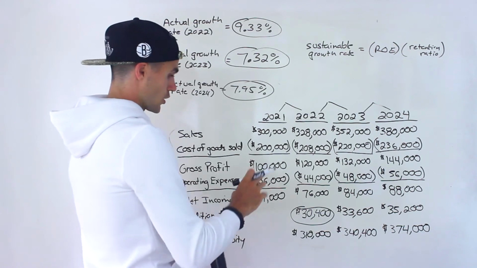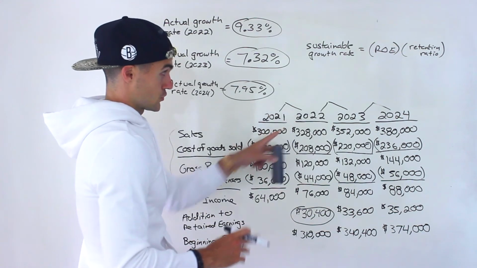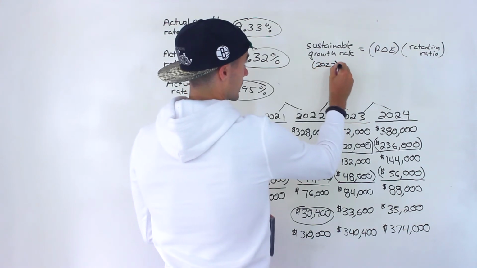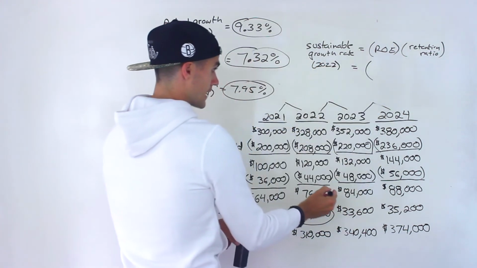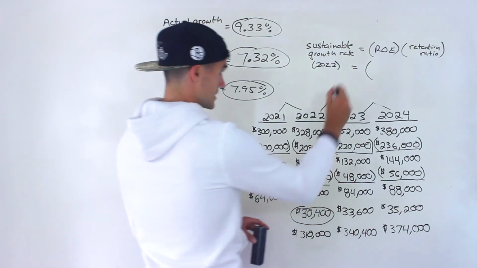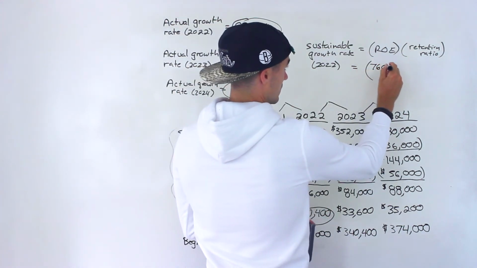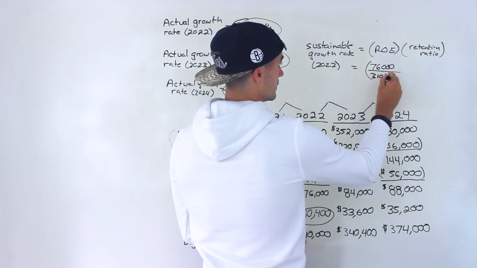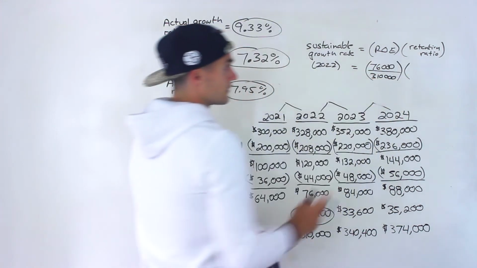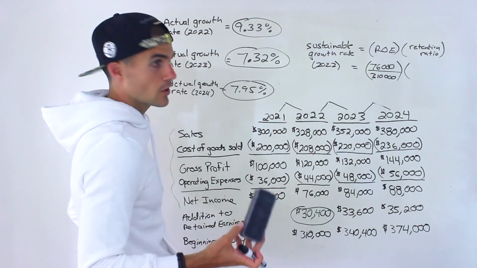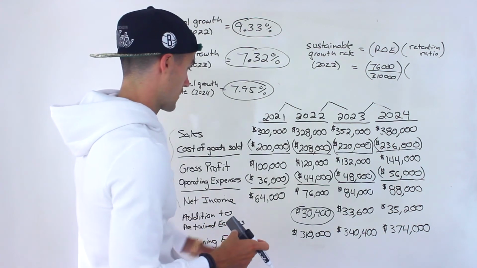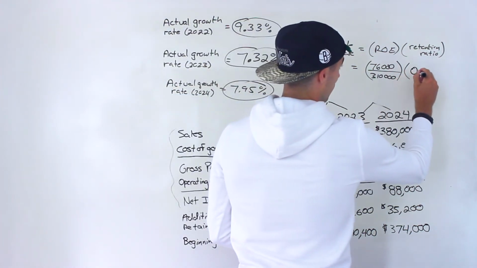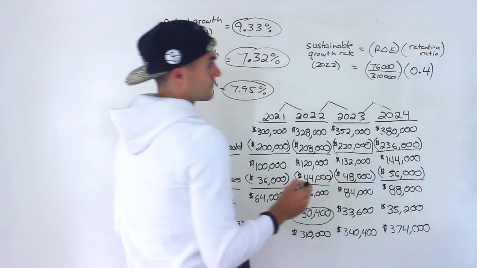Return on equity is the net income over beginning equity. We're going to do this for 2022 right now. We take the net income, 76,000, and divide it by the beginning equity of 310,000, multiplied by the retention ratio, which we already got in part A. If you remember, it was 0.4.